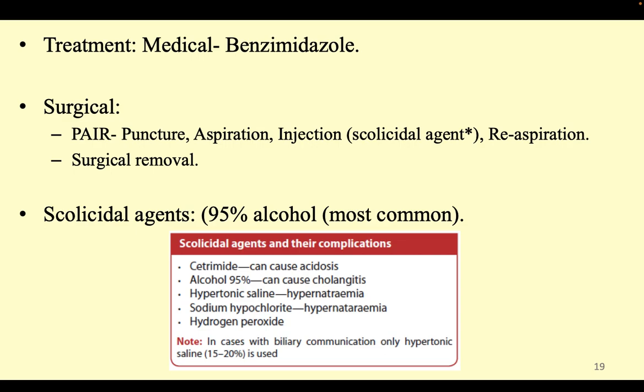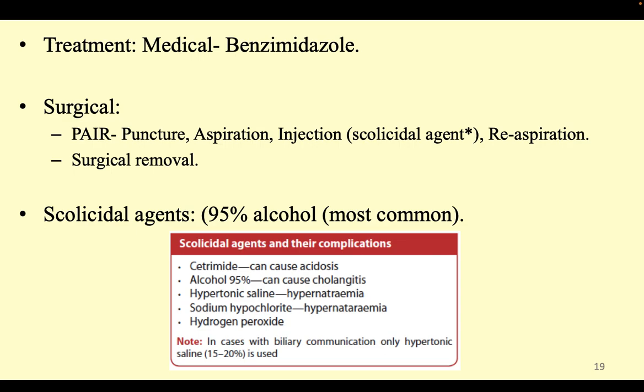PAIR is the preferred method in which we do a puncture, aspiration, injection, and re-aspiration. First the cyst is punctured and all the hydatid fluid or contents of the hydatid cyst are carefully aspirated, taking care not to allow them to spill.